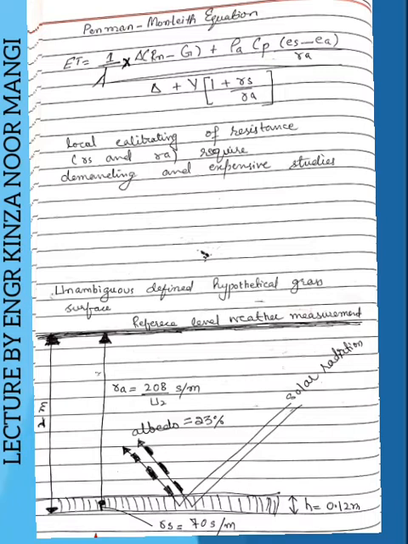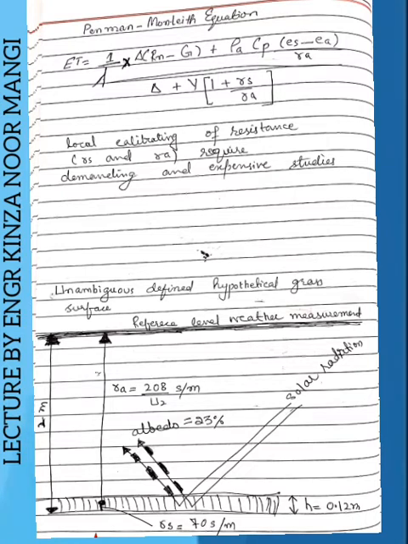The radiation reflected back from the 0.12 meter crop is 23% and is known as albedo. Albedo is basically the percentage of radiation reflected back by the crop surface. And now the surface resistance is 70 seconds per meter.